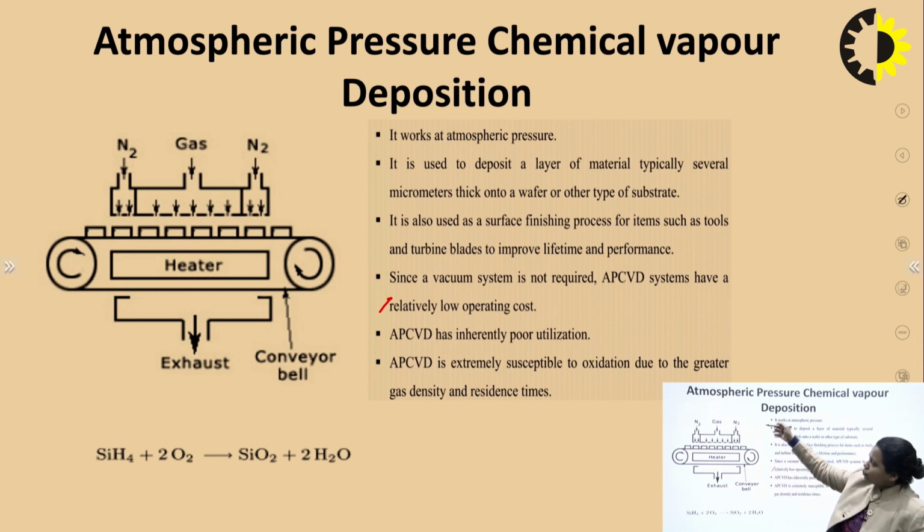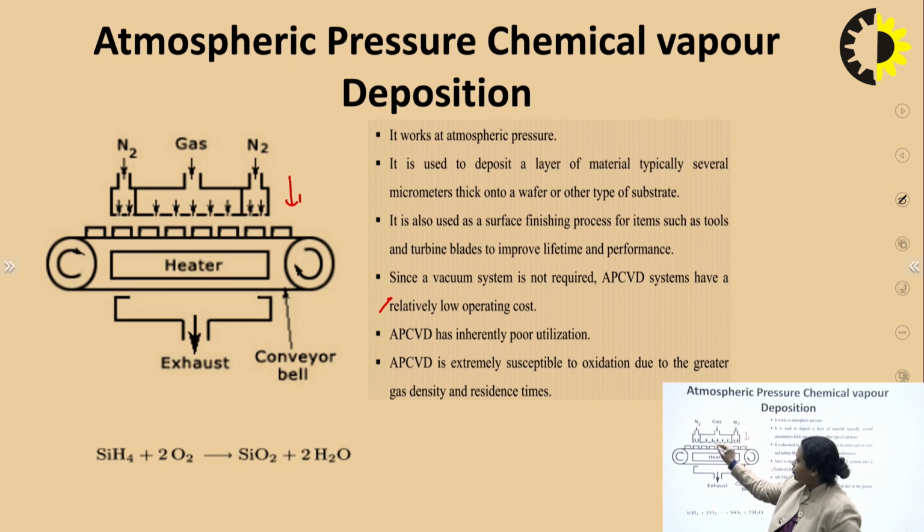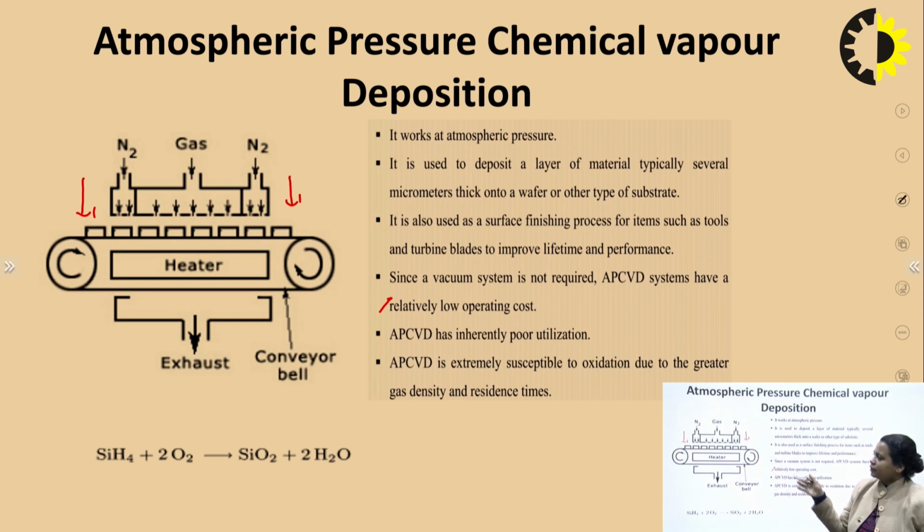From above we are using gases like nitrogen. We are adding it to the substrate so that the temperature can be maintained, as we are providing high temperature from the heater. So we are providing some cool gases so that we can get a vapor, and the vapors can be collected and deposited on the wafer.